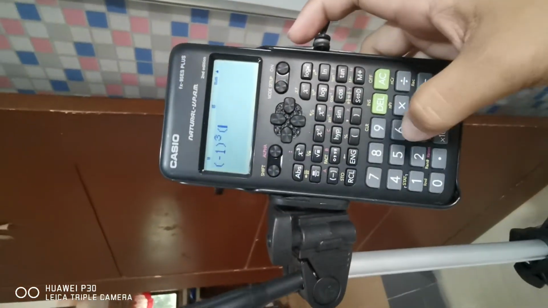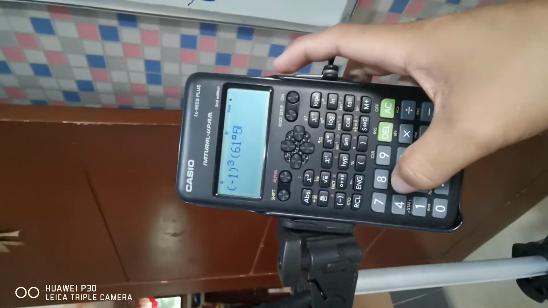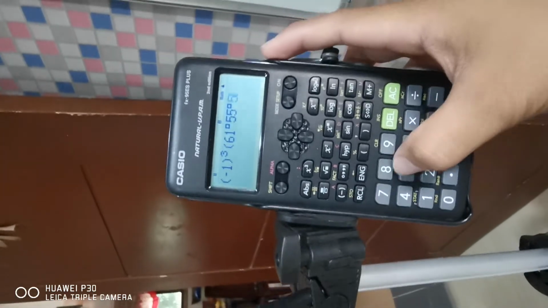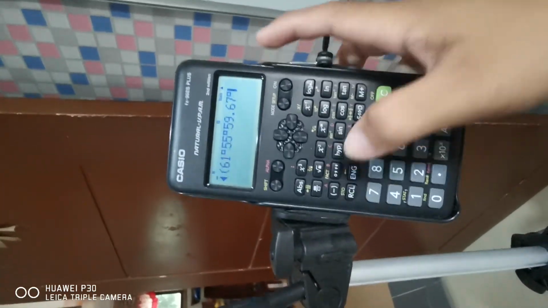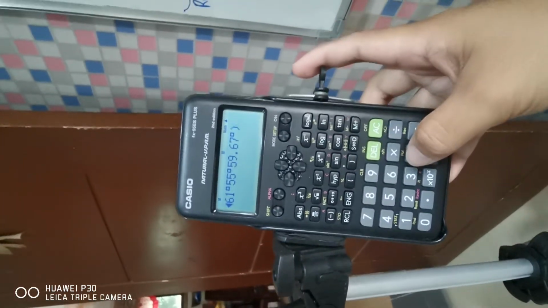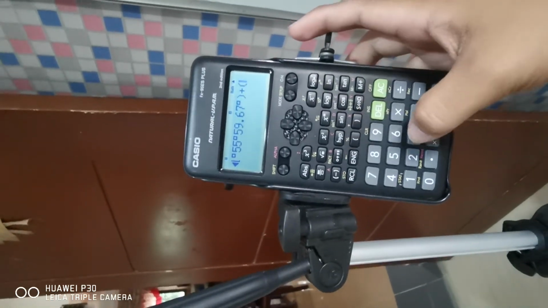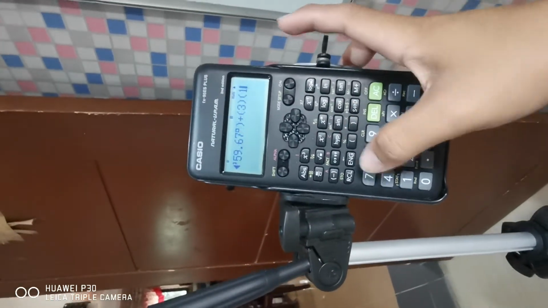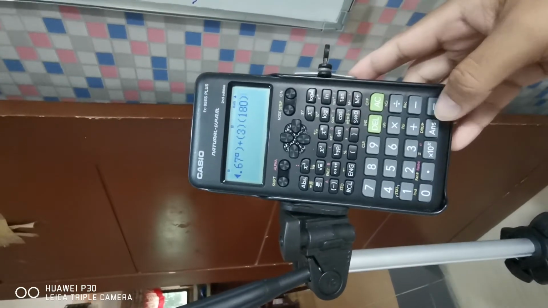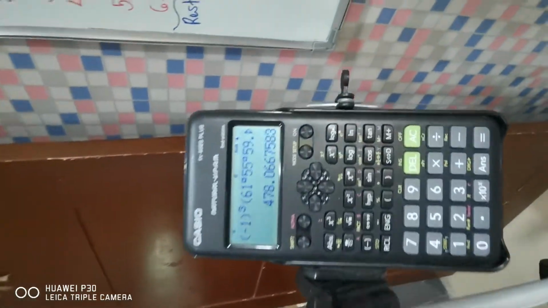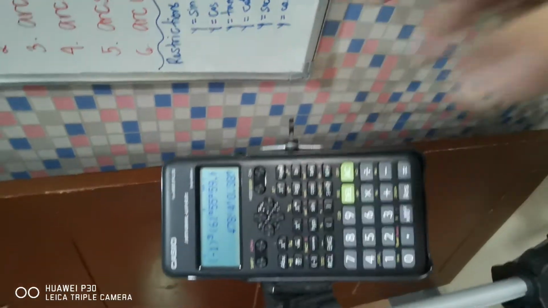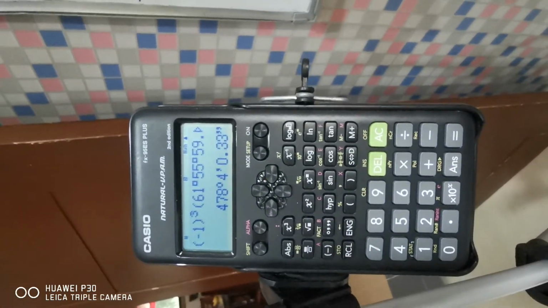So you have 61 degrees, 55 minutes, 59.67 seconds, close, plus, open, 3 times 180, close. So we have a value there, 478 degrees, 4 minutes, and 0.33 seconds.